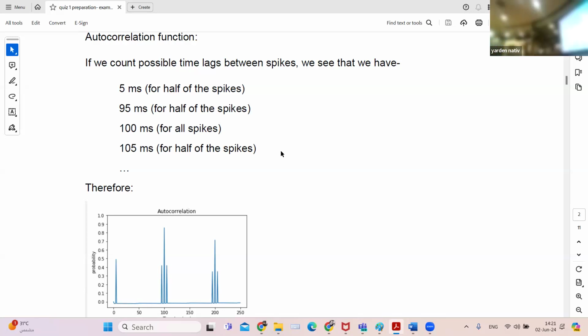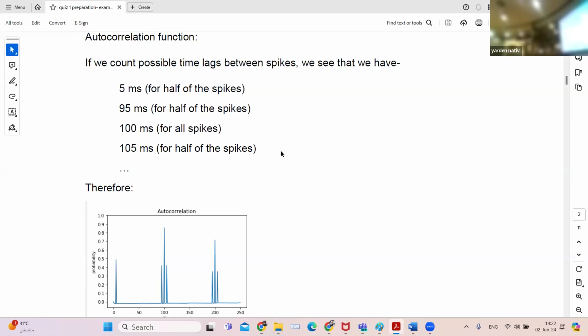The first one is to say the following. We have here spikes at 0, 5, 100, 105, 200, 205.